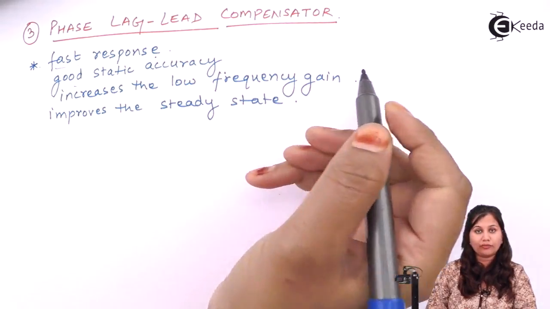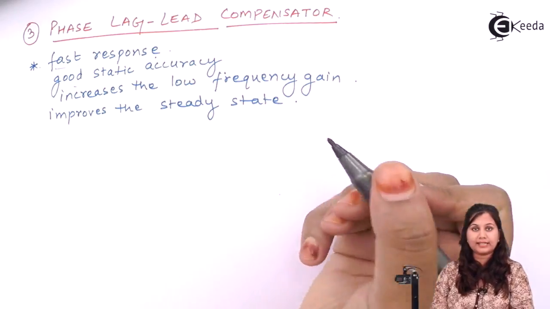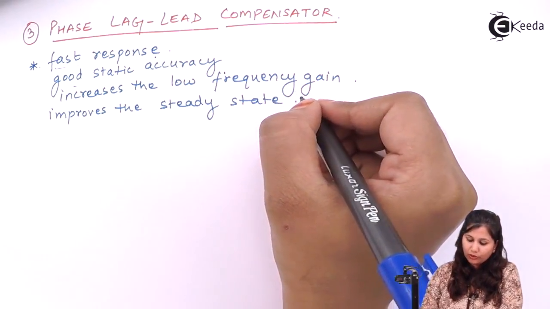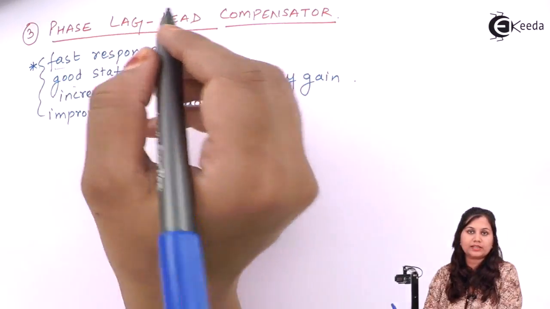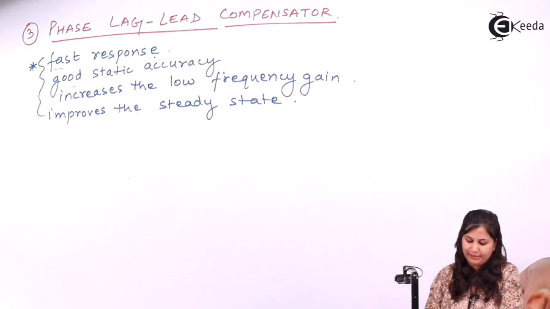It increases the low frequency gain and improves the steady state. So if we want all these characteristics in the system, then we can use the phase lag lead compensation.